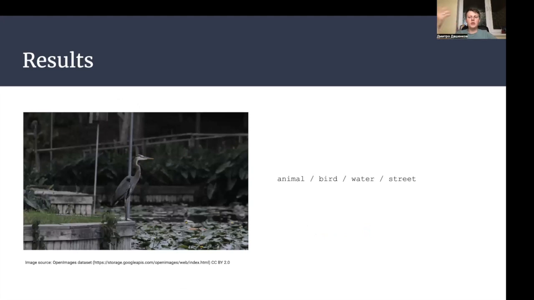To illustrate the results, let's look at some examples of what the model outputs for given images. For this particular image, the model outputs four tags, which will always be 4 tags due to how the selection of the probabilities is structured. The tags are animal, bird, water, and street.